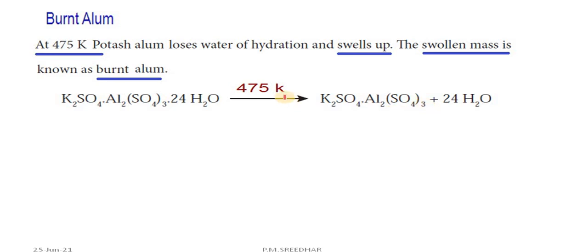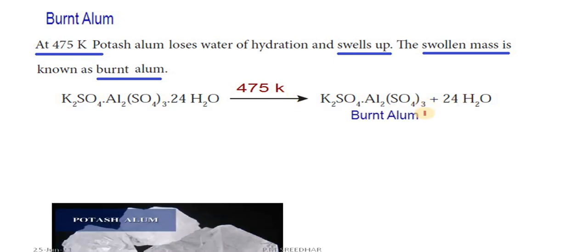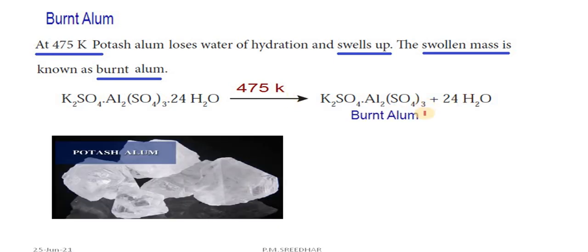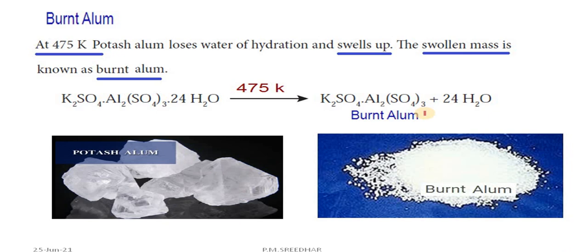This is the equation. Now you can compare both. Potash alum looks like this. Burnt alum looks like this. So what is the difference between these two? The difference is only the 24 water molecules, which are present in potash alum, which are not there in burnt alum. I hope you understood clearly about burnt alum.